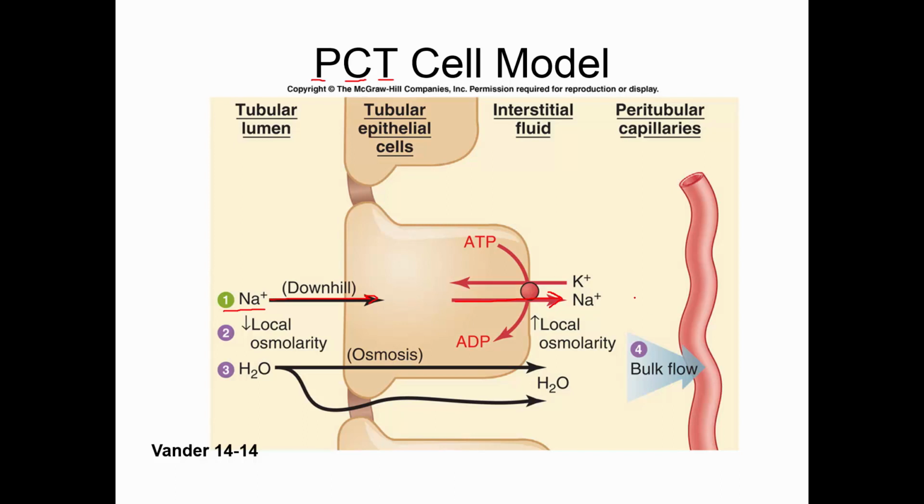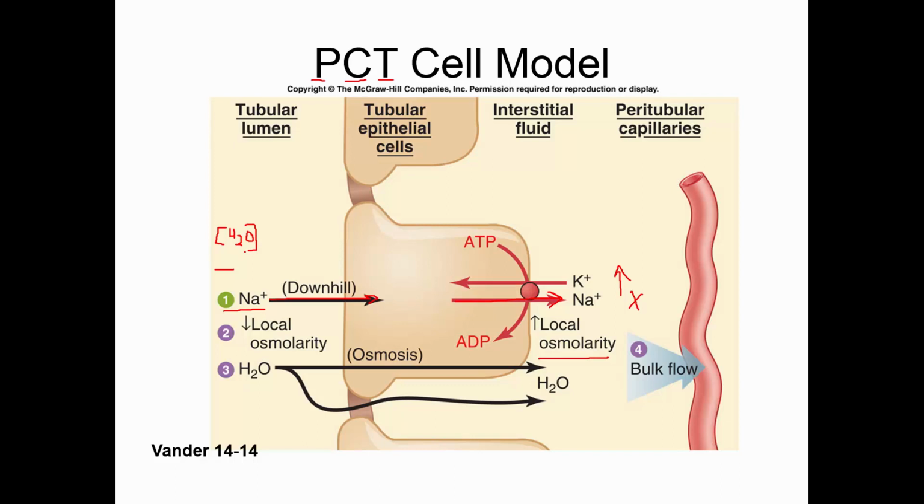And now we have a particle here that used to be out here. So that means the local osmolarity in the interstitial fluid increases. That means particle concentration is higher in the interstitium and water concentration is higher in the lumen.